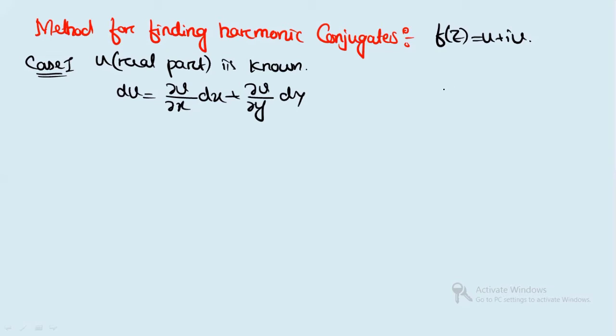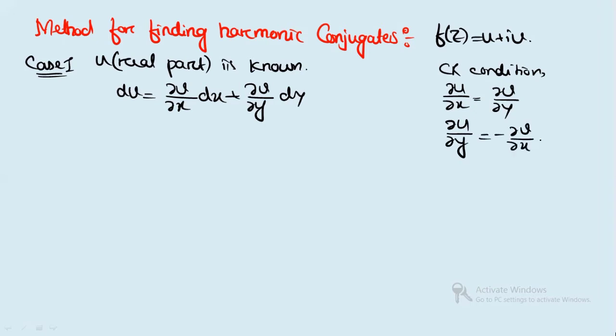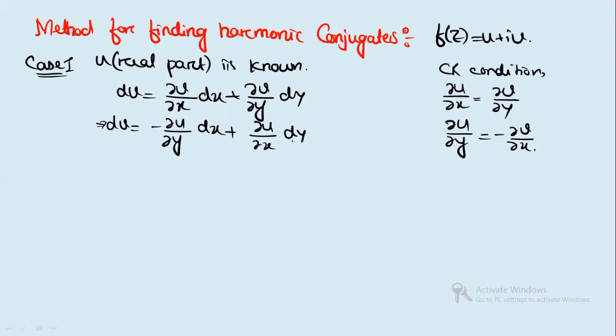We have the Cauchy-Riemann conditions with us: del u del x equals del v del y, and del u del y equals minus del v del x. So in dv, instead of del v del x you can substitute minus del u del y, with dx as it is. Similarly, instead of del v del y, you can substitute del u del x dy.